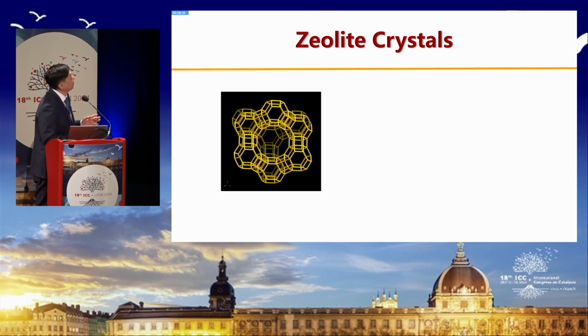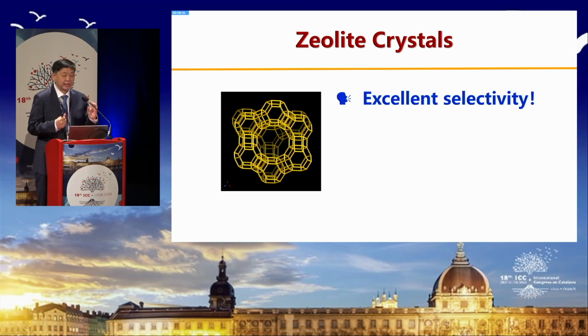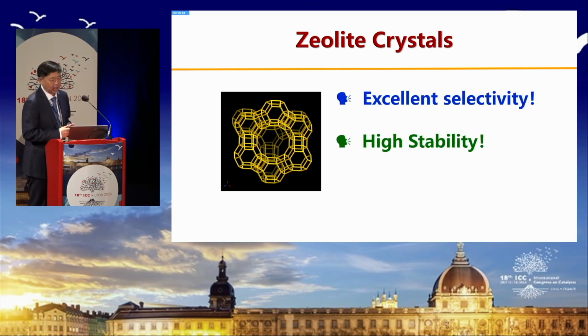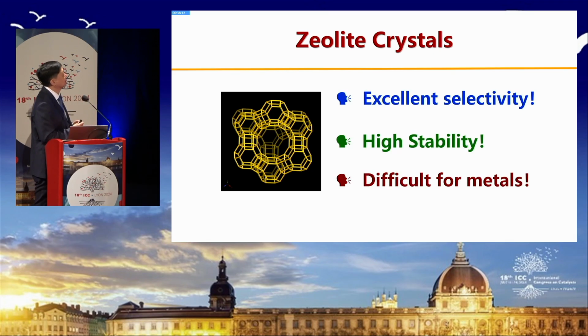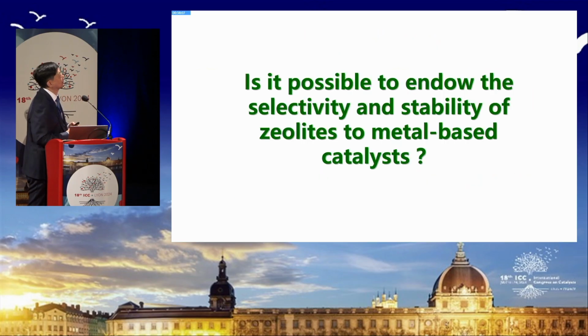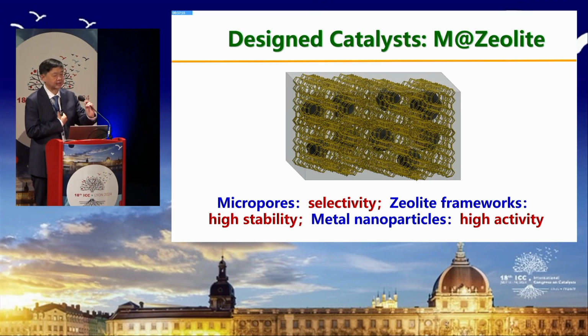On the other hand, zeolite crystals always give excellent selectivity and very high stability, but it's difficult to introduce metal nanoparticles. The question is: is it possible to introduce the selectivity and the stability of the zeolite framework to a metal-based catalyst? This is a question for students, also for myself.